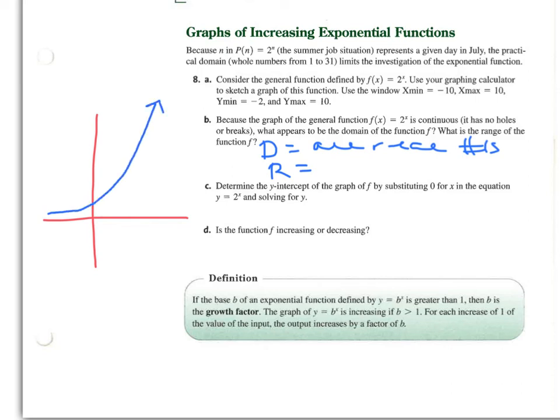It does increase fast, and then on that one it starts to level off, actually a little bit closer to the y-axis. For this one, it's never actually going to reach 0. It approaches it, but never gets there. So my range is not all real numbers.